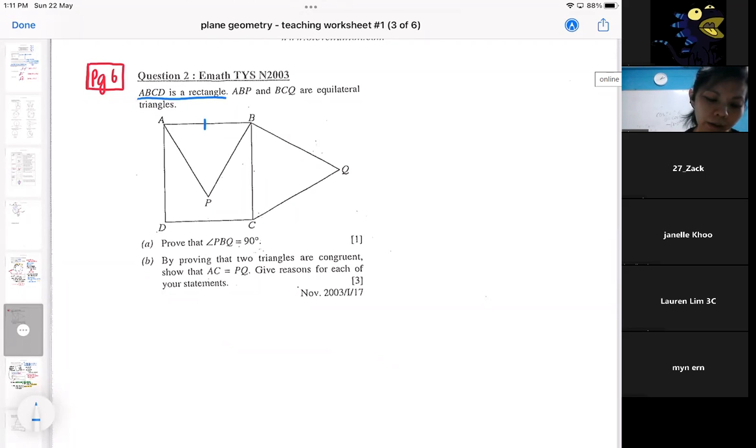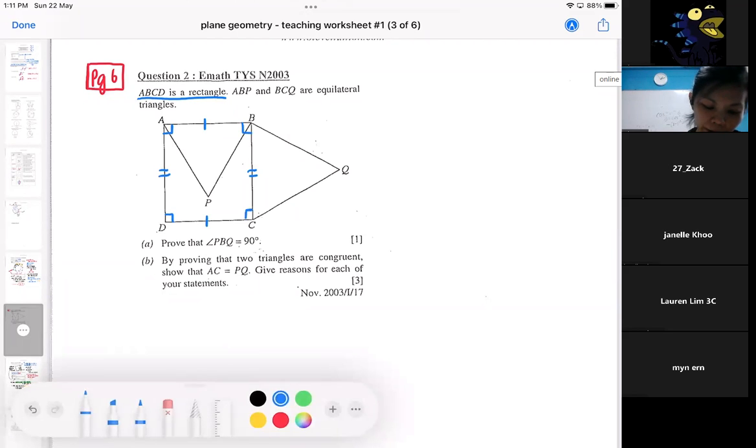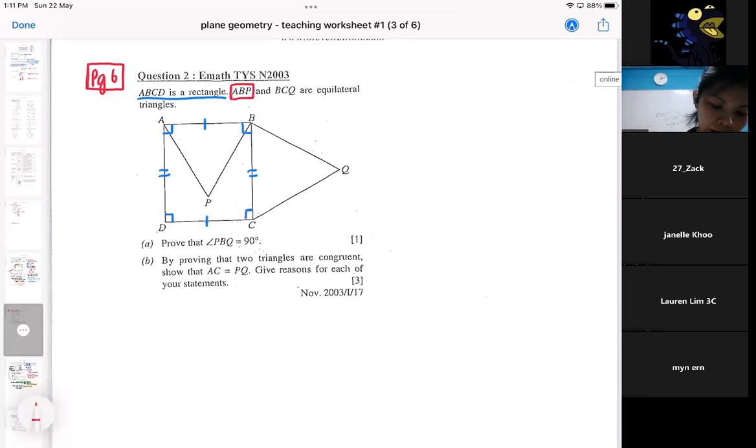So I will put it in terms of the length, and I will put it in terms of the angles. And then I got 2 equilateral triangles. So this red color one is here.